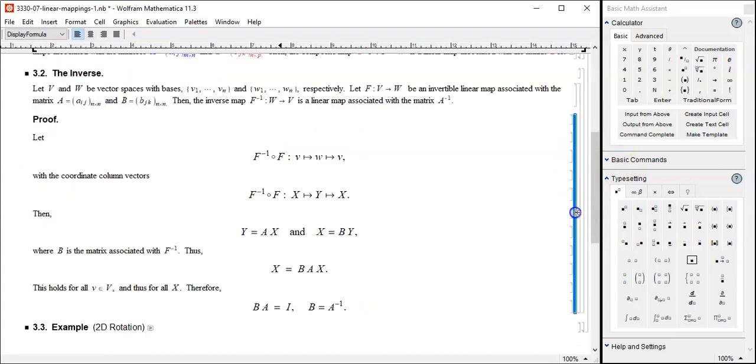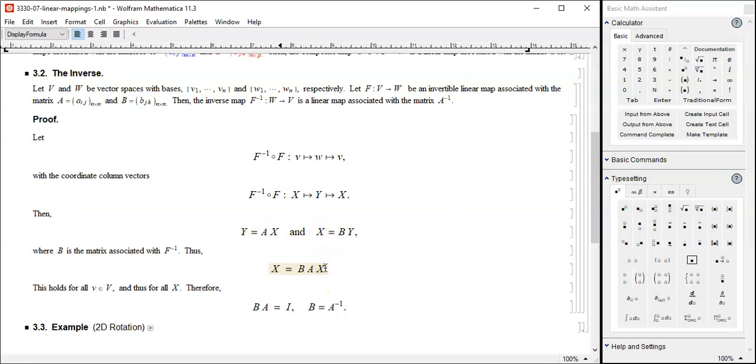How about the inverse? We just do matrix multiplication to come back to the original. X is going to Y and Y is coming back to X. V is going to w, w is coming back to v, and the column vectors are the coordinate expressions of v and w respectively. So Y is equal to AX, and then X is BY.